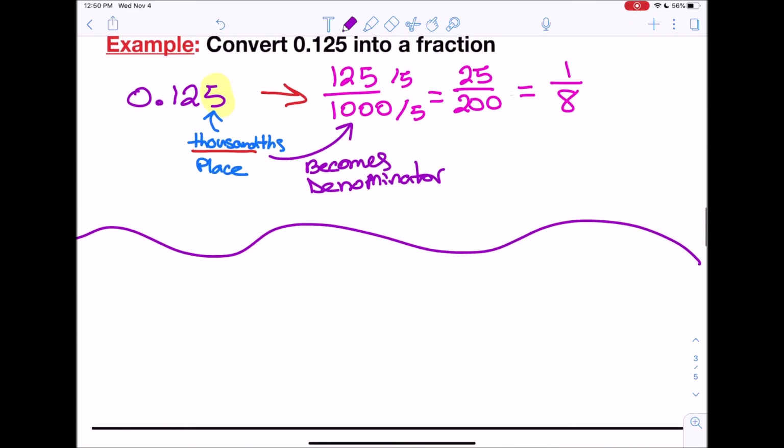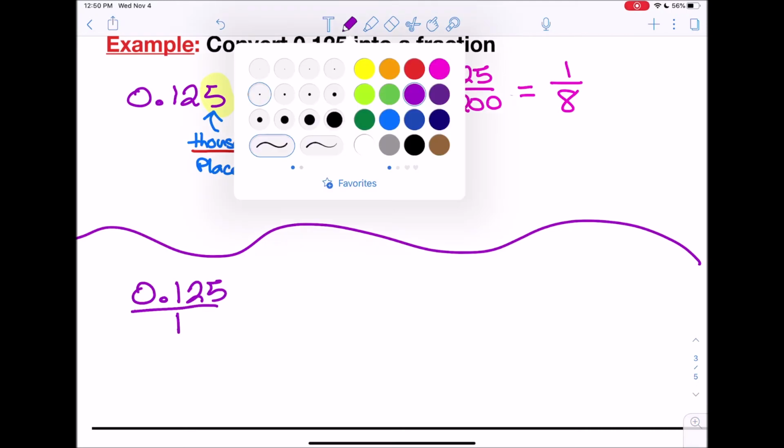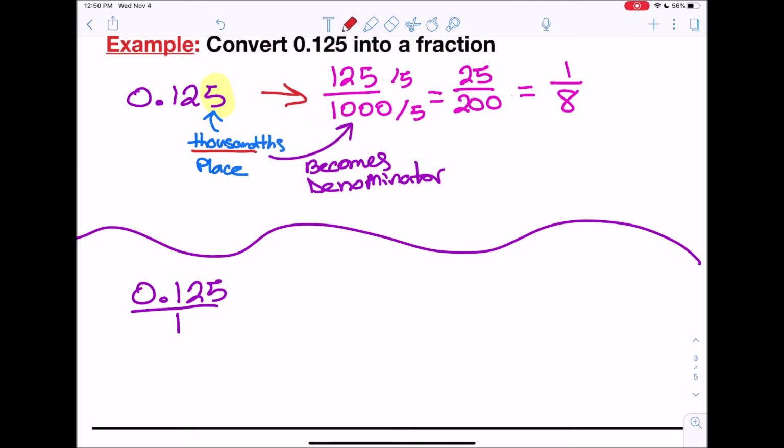So other than place values, what we could have also done is go, okay, 0.125. I know that it's going to be over 1 as a fraction. I need to make that top number into a whole number, and there's 3 numbers after the decimal.